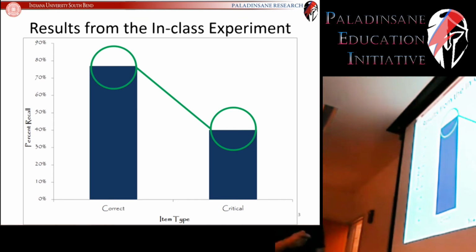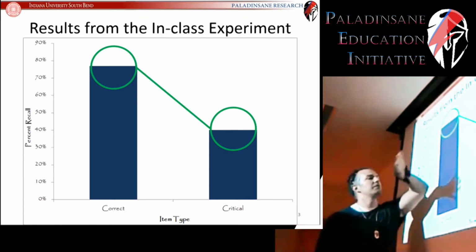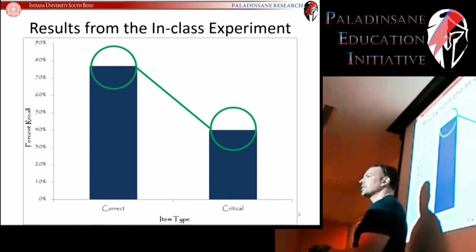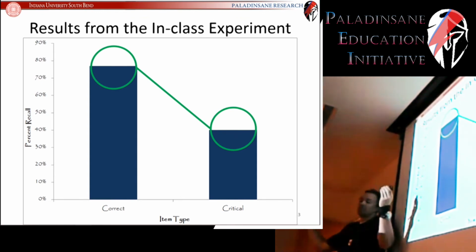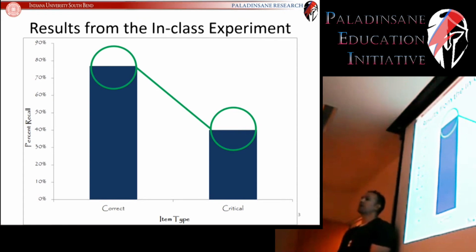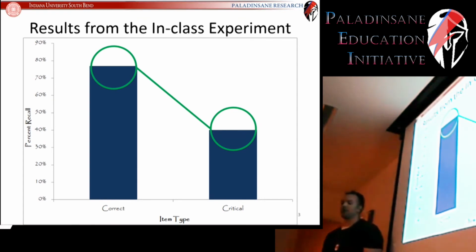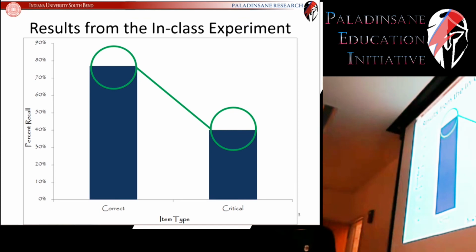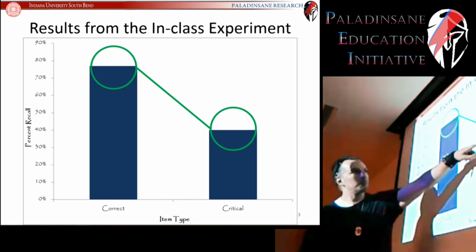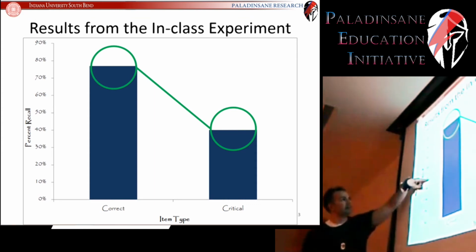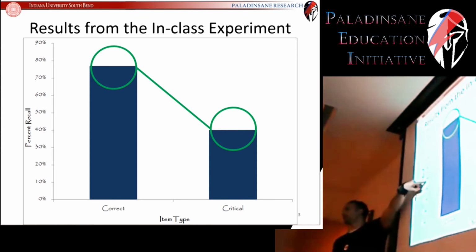So our minds are actually better at recalling correct information than we are at recalling critical information. So that's nice to know, right? It's nice to know that most of our memories are true memories, and we're not walking around with tons and tons of false memories. However, notice just how high those false memories were, just under 40%.